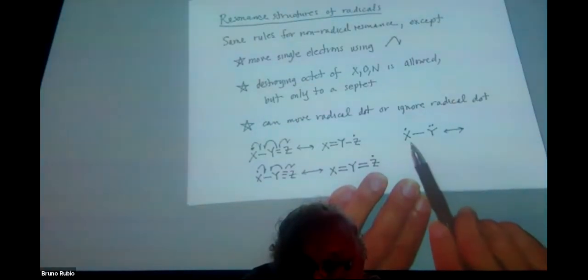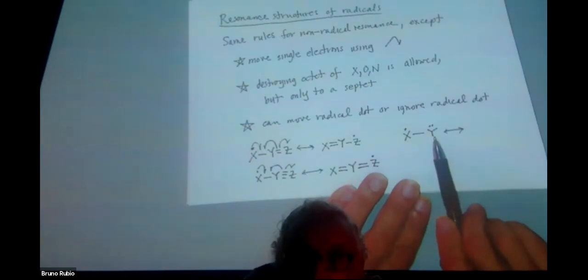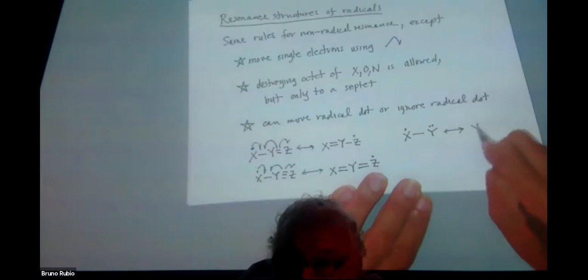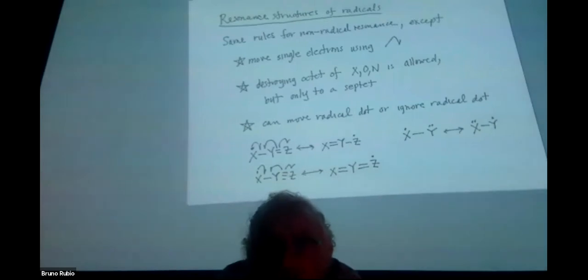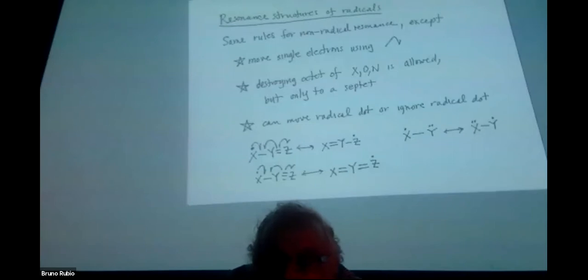What happens is that the X is looking to get an octet. It does so by robbing an electron from Y. So this is another common motif that we see when we write resonance structures for radicals. It looks like the single dot and the double dot changed places.